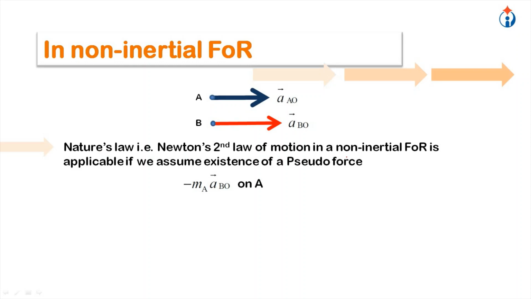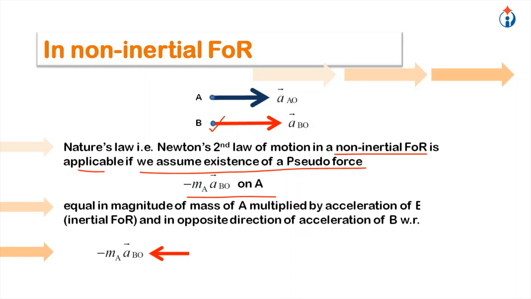So Newton's second law of motion in a non-inertial frame of reference is applicable. We can use F net is equal to m times a if we assume existence of a pseudo force on A. So we are observing with respect to B. So we assume existence of a pseudo force, unreal force, minus ma times acceleration of B with respect to O on A. This force is equal in magnitude to mass of A multiplied by acceleration of B with respect to O, and in opposite direction, negative of acceleration of B with respect to O. So direction opposes in vector form.